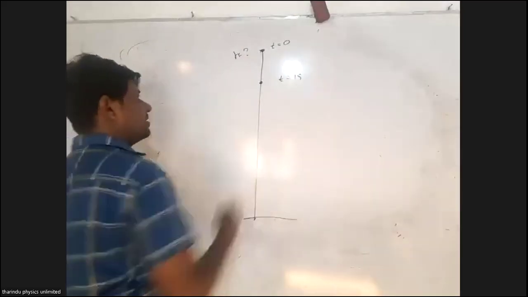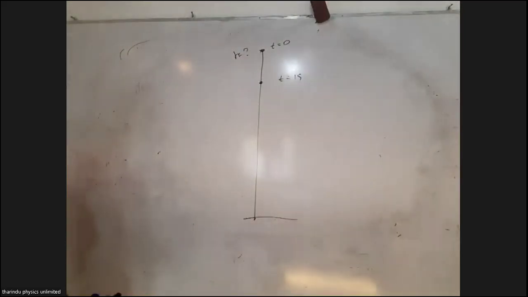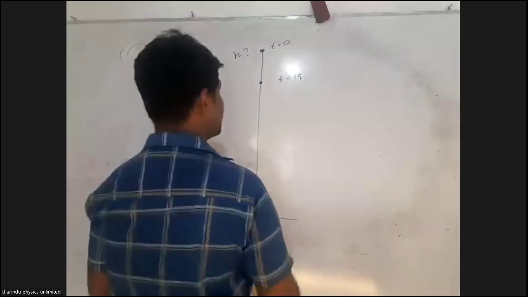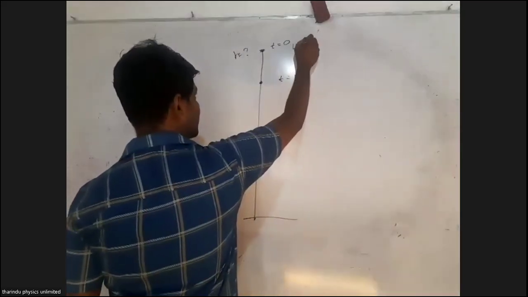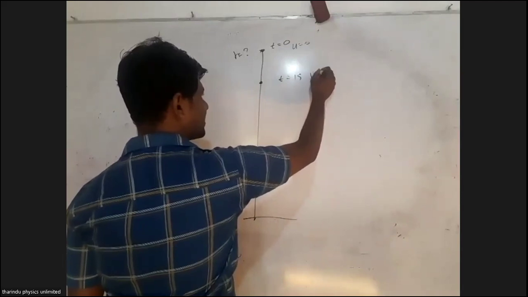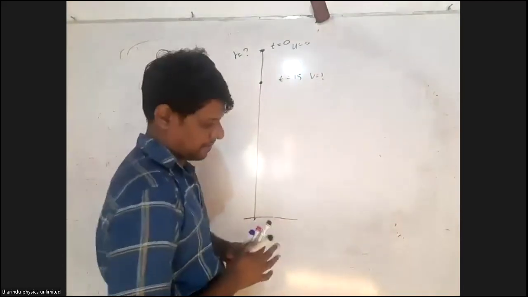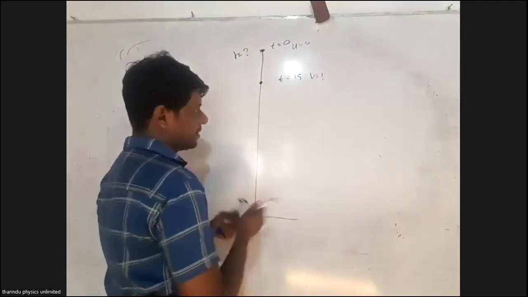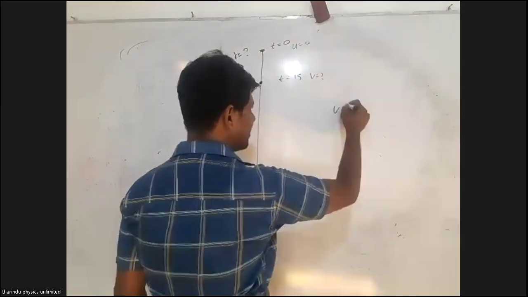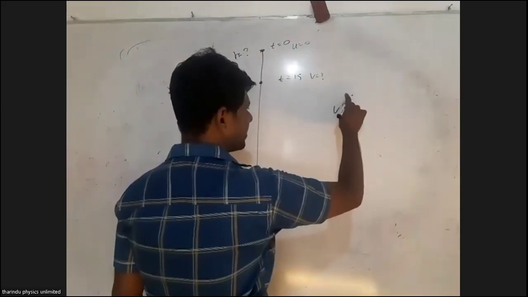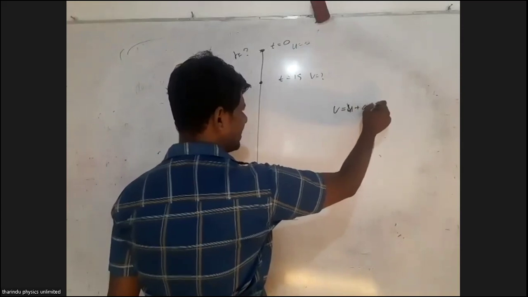Here the velocity is 0. Here there will be a certain velocity I don't know. I can apply the above equation: v equals u plus at.